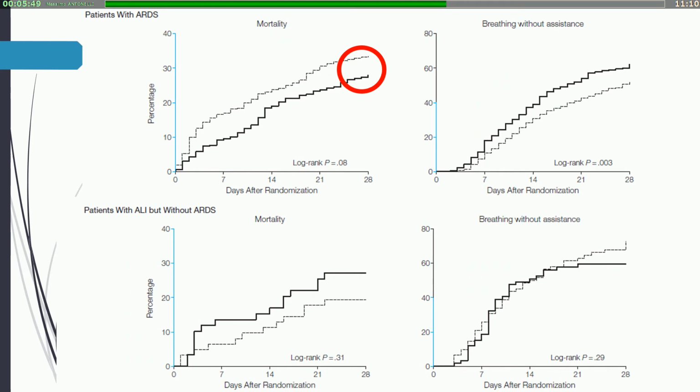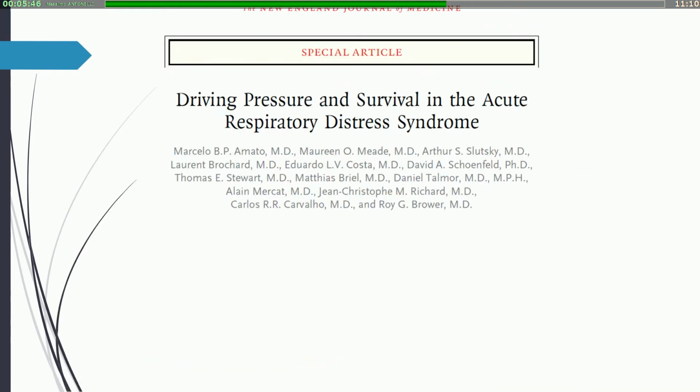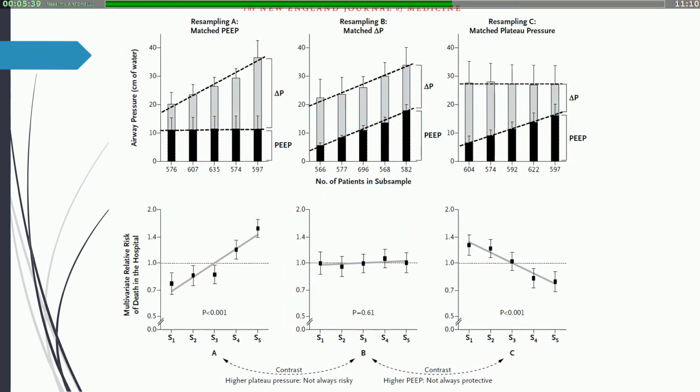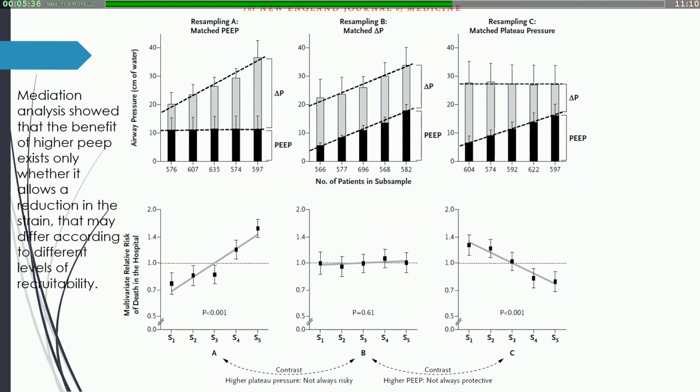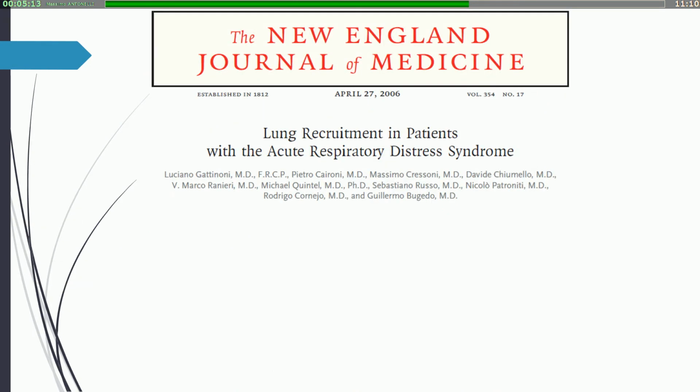So probably the explanation behind this is again the idea that the driving pressure counts the most. If the PEEP that you apply, higher or lower, keeps the driving pressure more or less constant over time, it means, as the analysis showed, that the best benefit of the higher PEEP exists only when there is a reduction of the strain, consequently keeping the delta pressure at the same level, and recruitability.